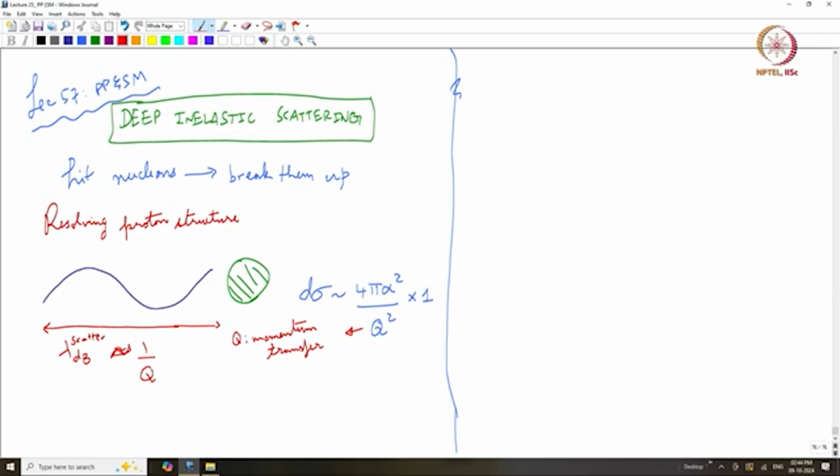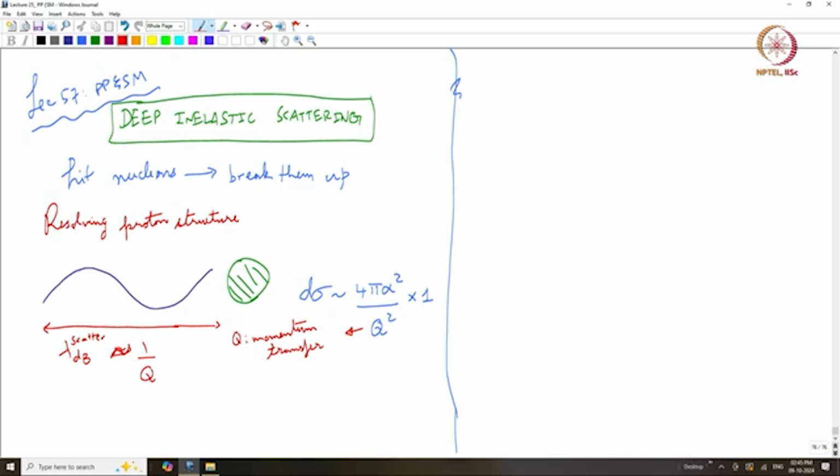But what is the point of this? It means if the momentum transfer is small, okay, that means whatever the constituents of the proton are, then the de Broglie wavelength of the scattering process, which is the inverse of the scattering momentum transfer, is larger than the size itself, and so it does not really see what the constituents are, it does not really know about the constituents.